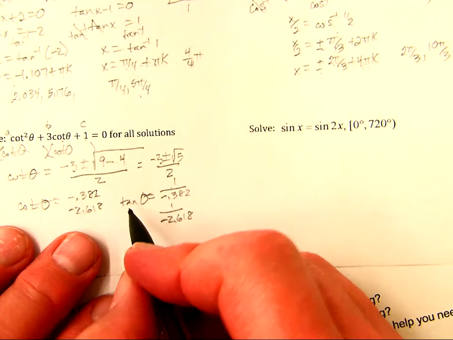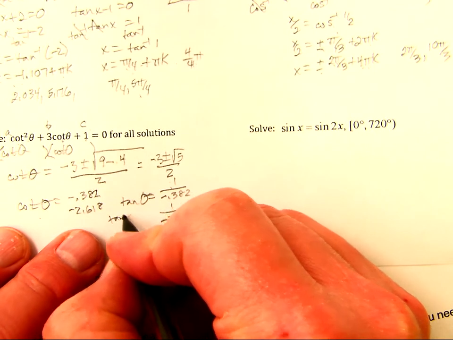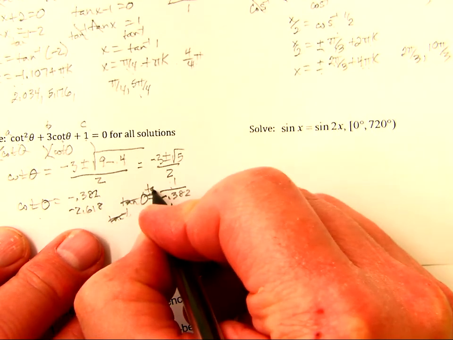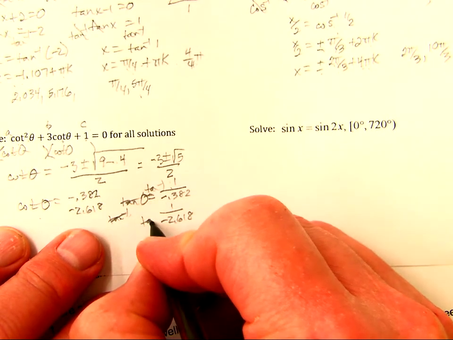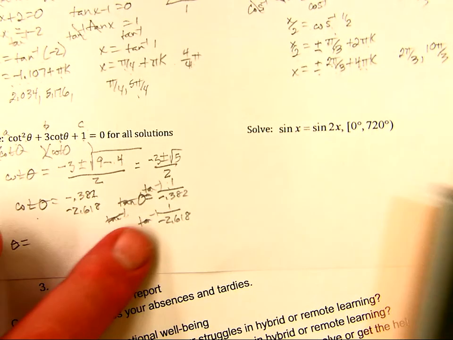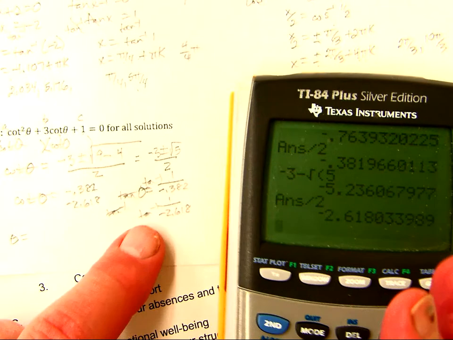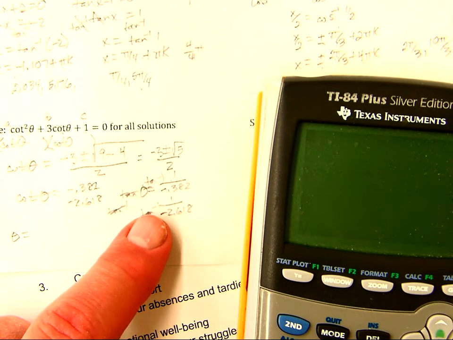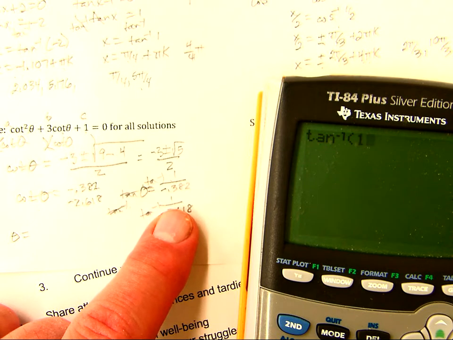Now to get rid of tangent, let's take the inverse tangent of both sides. If I take this top one, I'm going to take the inverse tangent of 1 divided by negative 0.382.